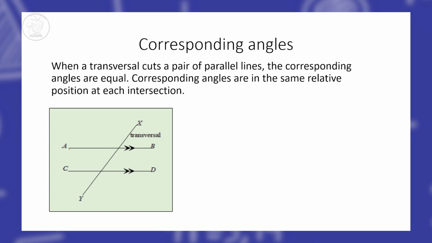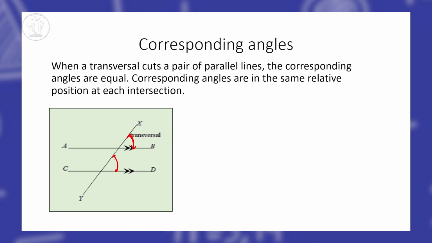So we have two parallel lines here. What this is saying is that because these two lines are parallel and this transversal XY cuts these two parallel lines, this angle here is equal to the angle in the same relative position, which would be this angle here.